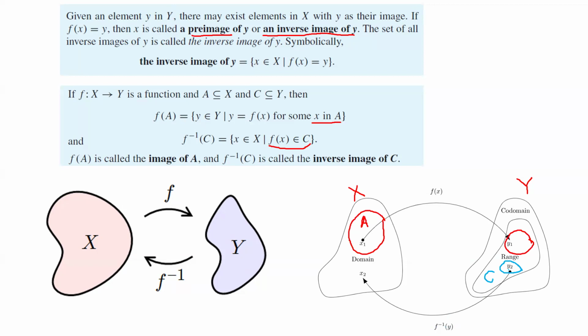Inverse image takes elements in C and maps them to some elements in X. So the inverse image of C is all X values such that f of X belongs to C. These are the definitions and the differentiation between f and the inverse image of f.